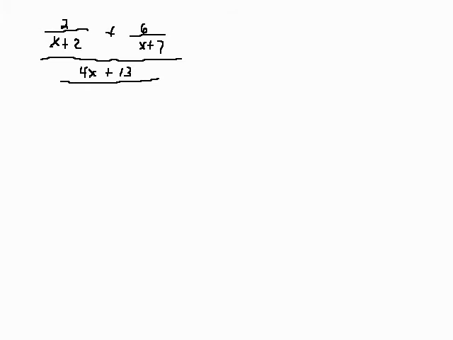All right, this one might even scare you worse than the last one. So I'm going to go ahead and give you, for a next example, 2 over x plus 2 plus 6 over x plus 7, all of that divided by, I know some of you are saying, stop, please, no more, I'm begging you, 4x plus 13 over x squared plus 9x plus 14.